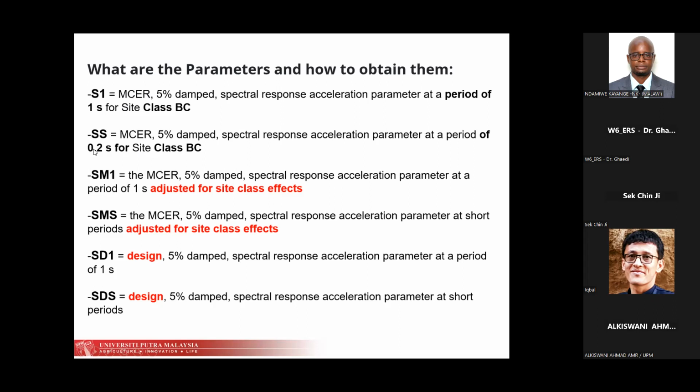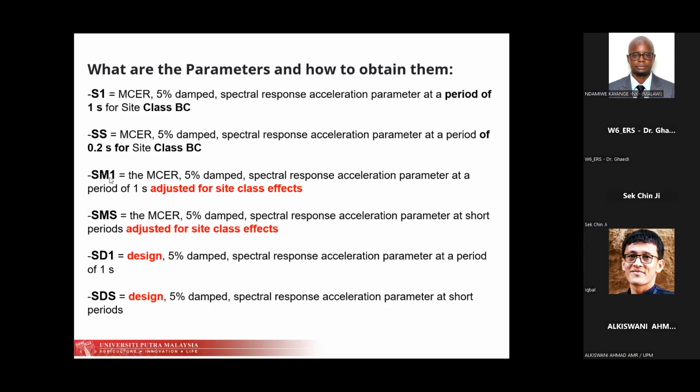Actually, this is also called the short period, and it's for site class BC. So these values are obtained for a specific type of soil. And actually in our structure, maybe we will have a different soil type, maybe it will be C or D. We will also see later how we can classify the soil.